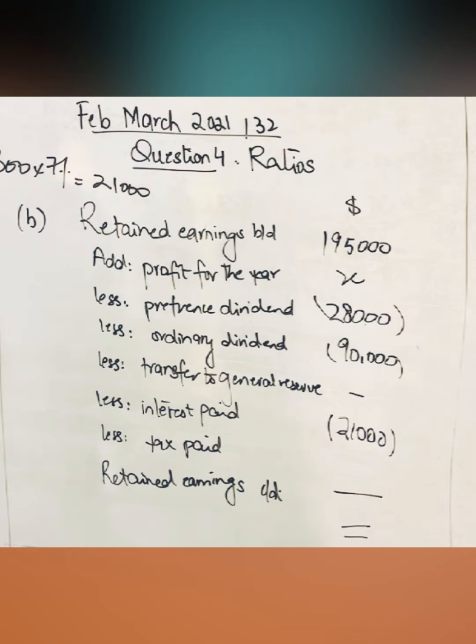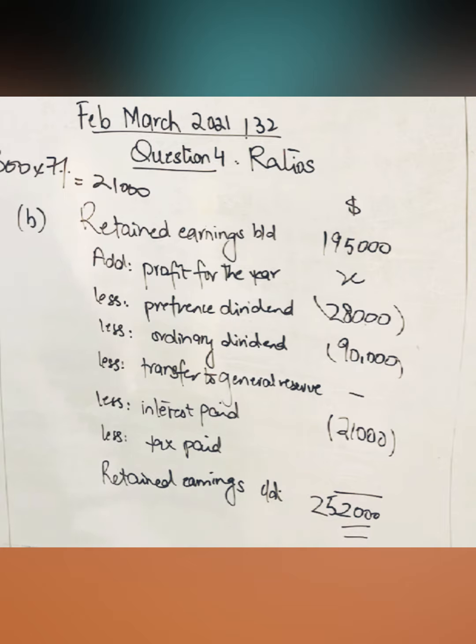Do you have retained earnings at the end? Do you have the carry down? Now look at the information above. You were given retained earnings at 1st January, and at 31st December you were also given the retained earnings, which is 252,000. So this is the carry down. Now through backward working, you can calculate the profit for the year.